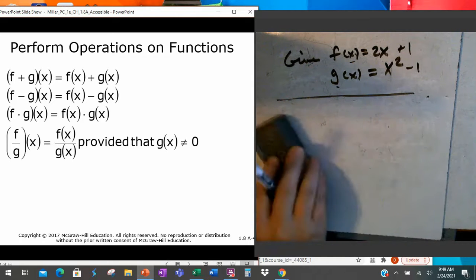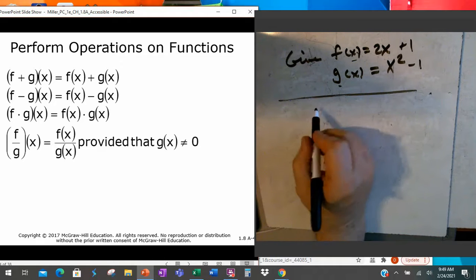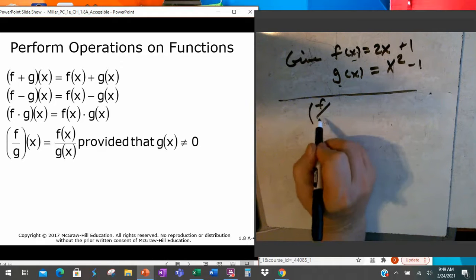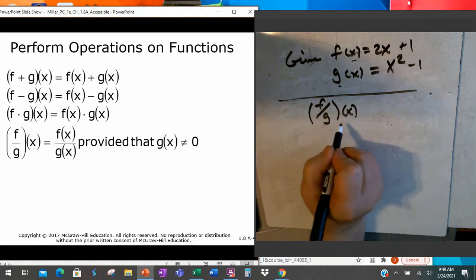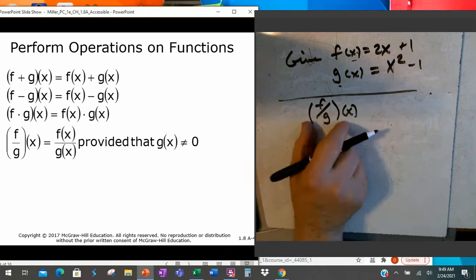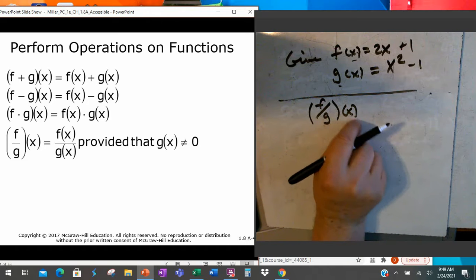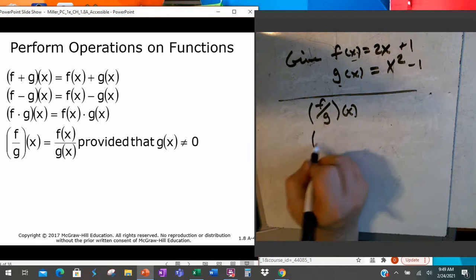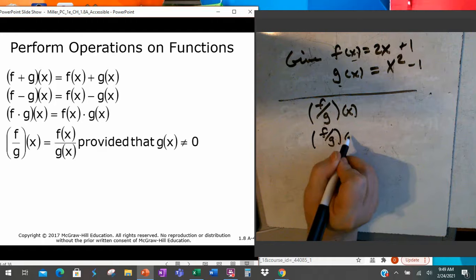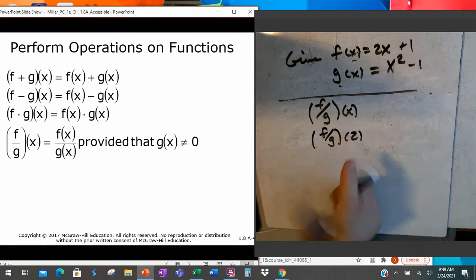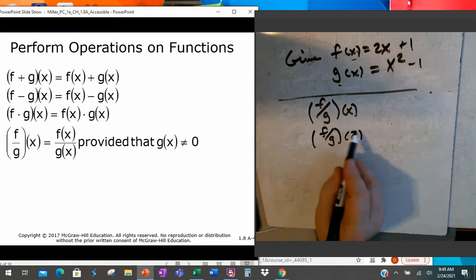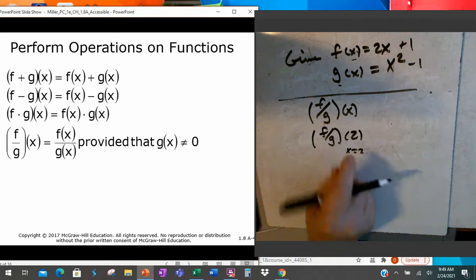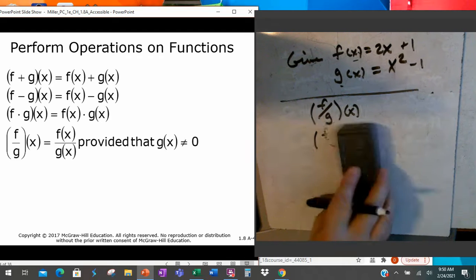And then again, we have the quotient. So the quotient looks like f over g of x. This looks more like something, give me the value of x to evaluate it. All of these I could have done this way, and this would be form the function f over g and then evaluate it at x equal to 2. But first we have to form it.